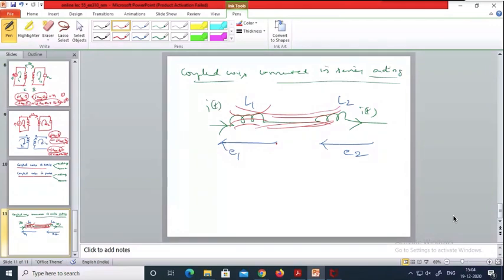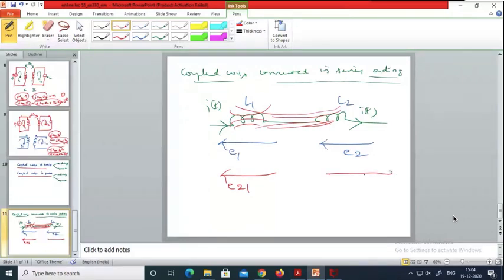The first voltage I will write here is E21, the voltage produced in coil number 1 due to the flux in coil number 2.